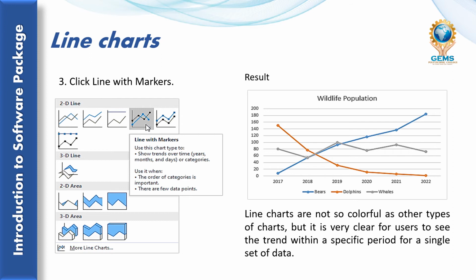So there are different 2D line charts, and there is a 3D line chart. This line chart is not a colorful one, but it is very clear for users to see the trend within a specific period for a single set of data.